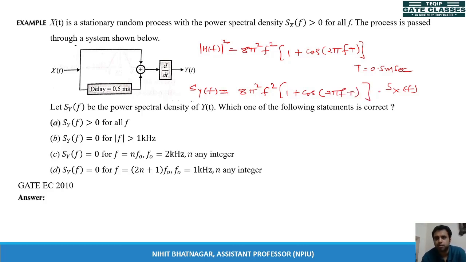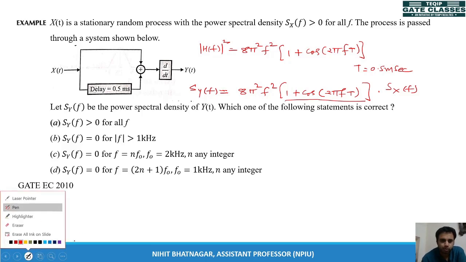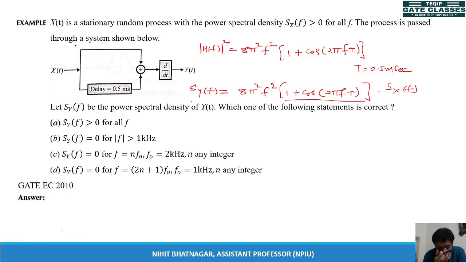Okay, let's multiply. Now you can see here it is 1 plus cos 2πτ. If cos of this term becomes minus 1, then 1 minus 1 is equal to 0, so this term becomes 0.